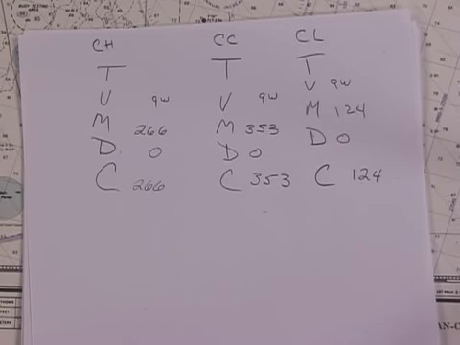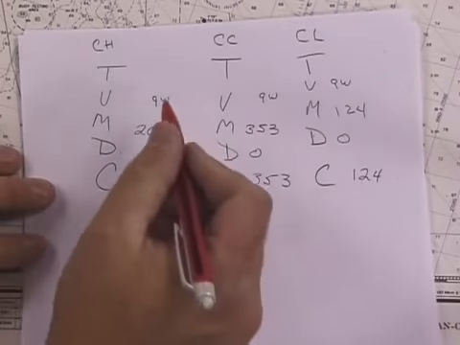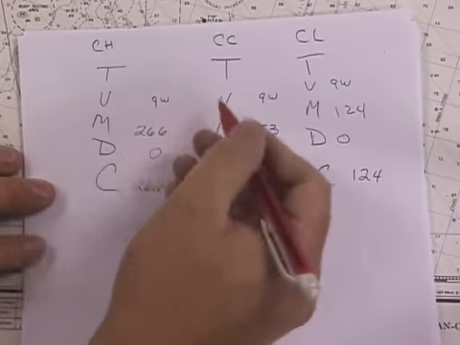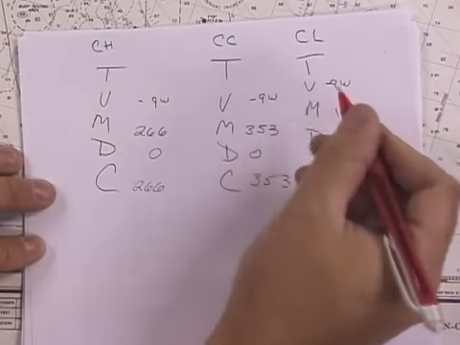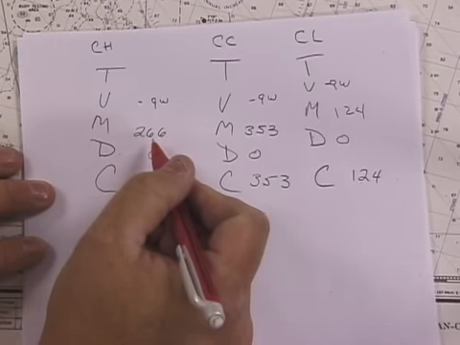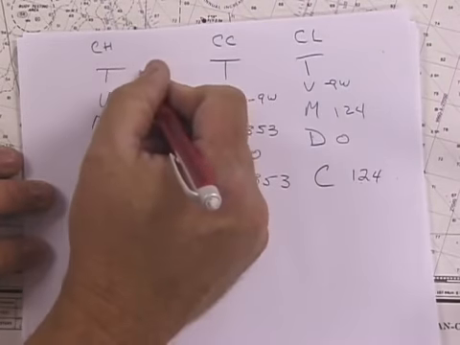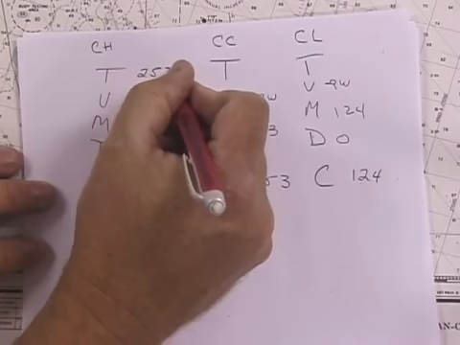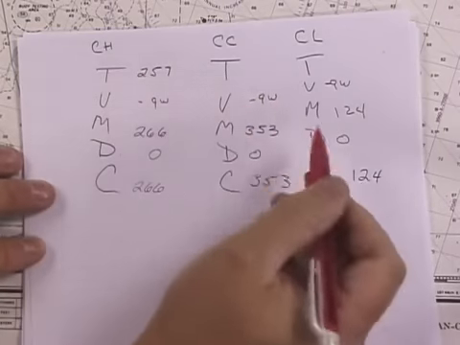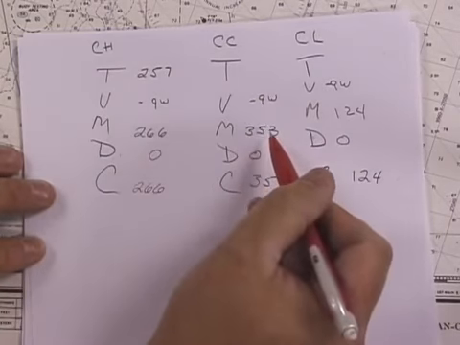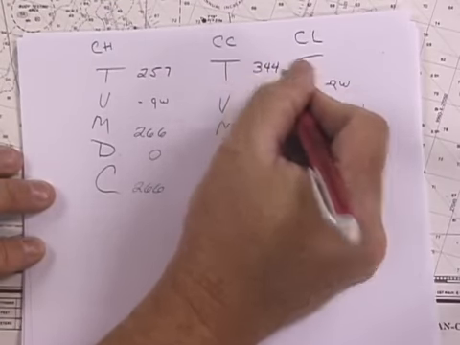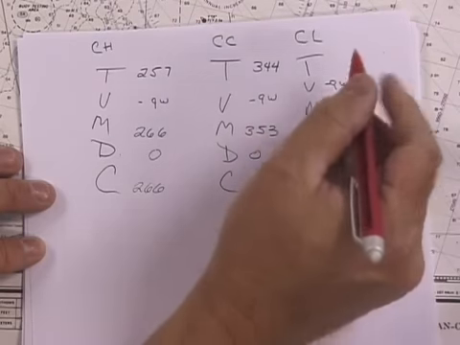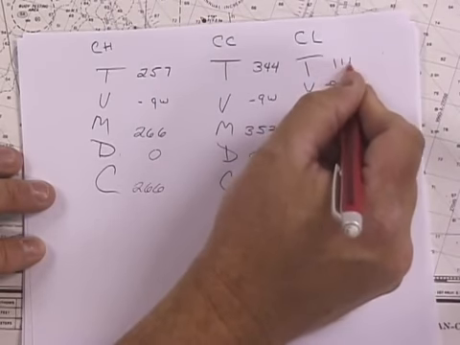We take our 9 west. Remember, we're going up, so what do we do with west? We subtract. So 266 minus 9 is 257. That's going to be true. 353 minus 9 is going to be 344. And 124 minus 9 is going to be 115.